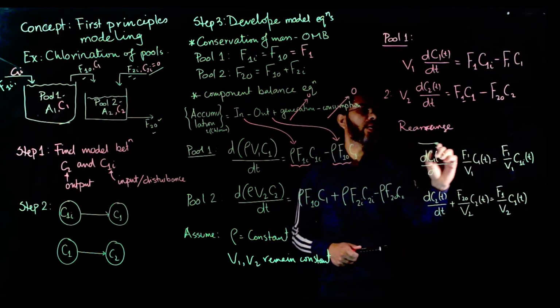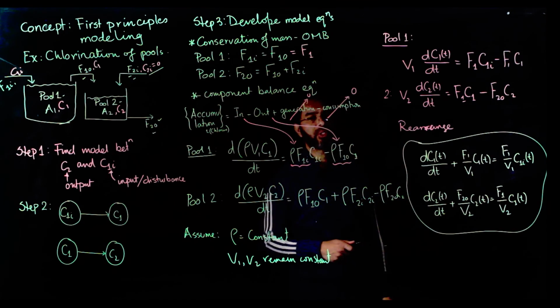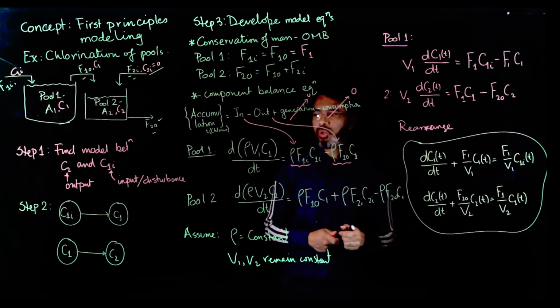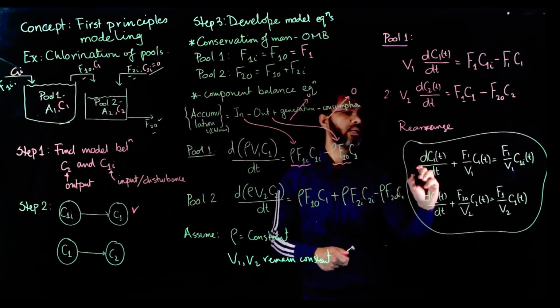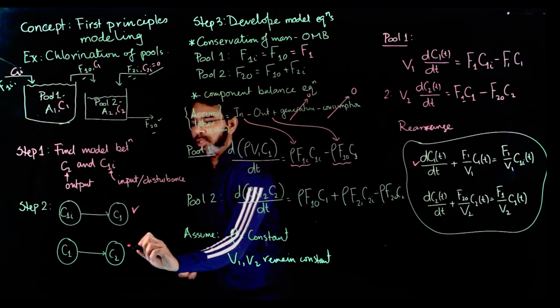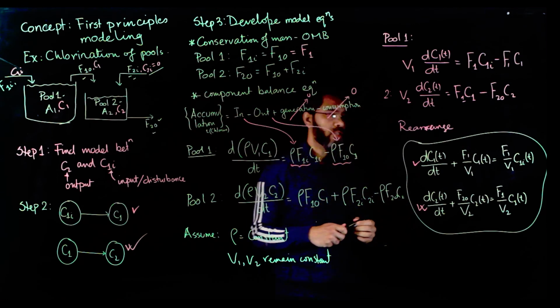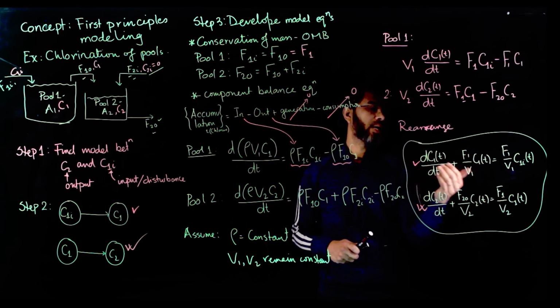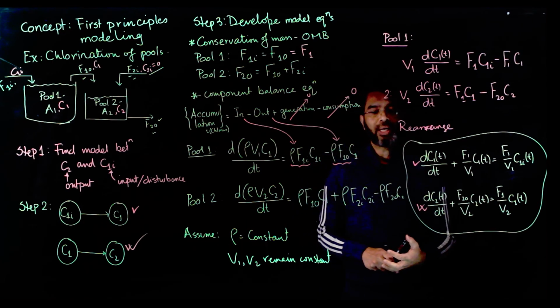Now these two together formulate the model equations for this case. If you relate it to the two links we established, this one shows the relation between C1I and C1, and this one shows the relation between C1 and C2. So from a differential equation perspective, from the first equation you will get C1, and then plugging into the second equation you will get C2.